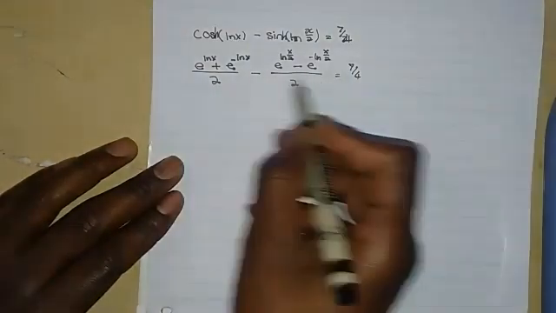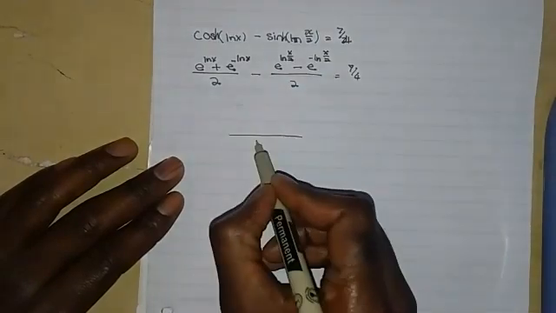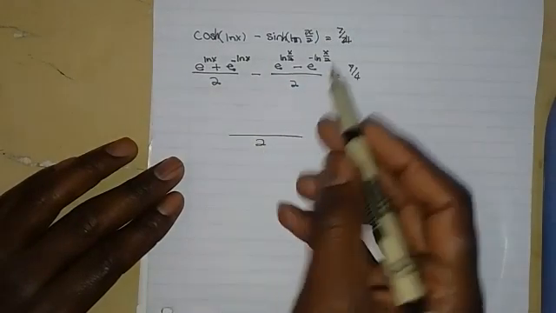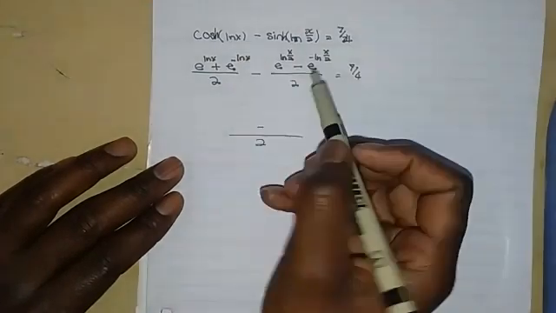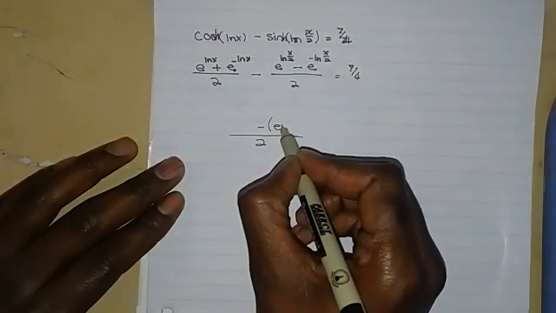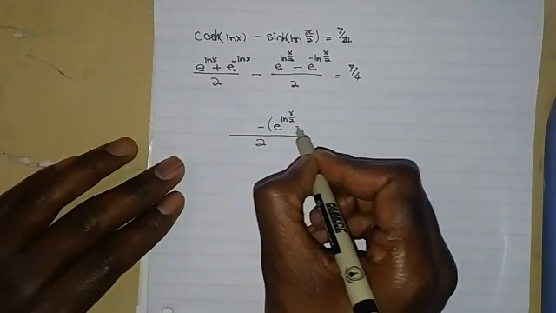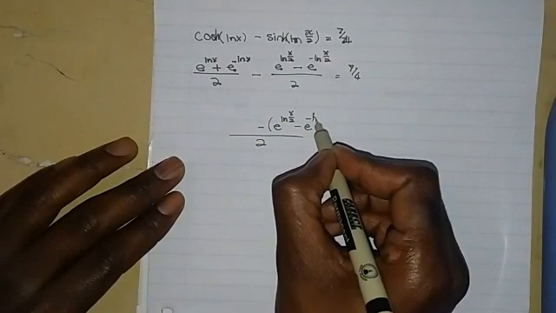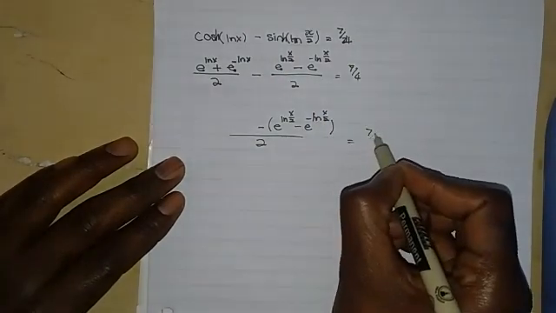We combine the functions. We take 2 and open the bracket: e to the ln of x over 2 minus e to the negative ln of x over 2 is equal to 7 over 4.